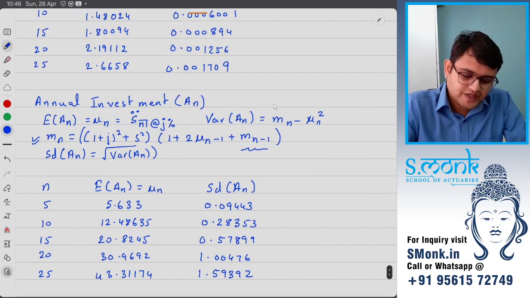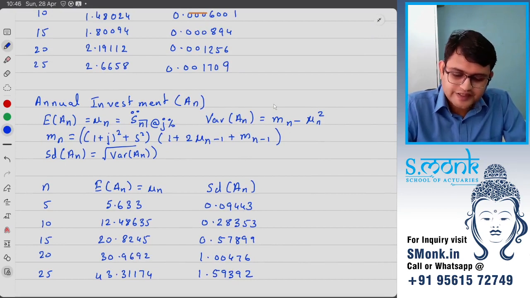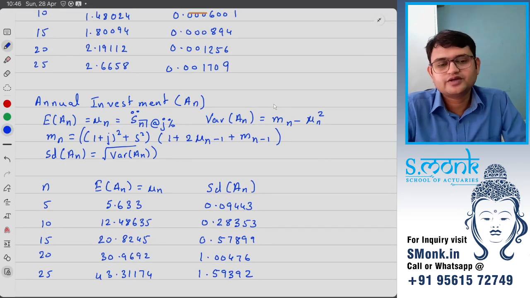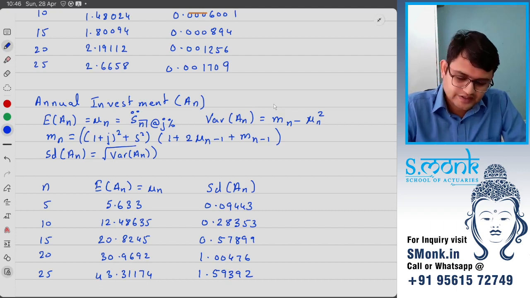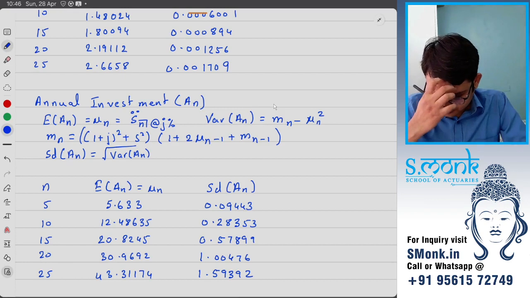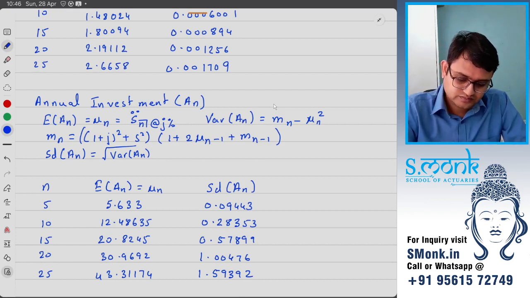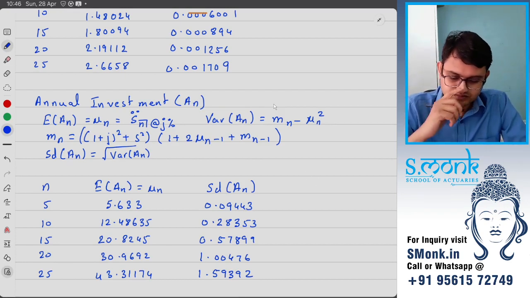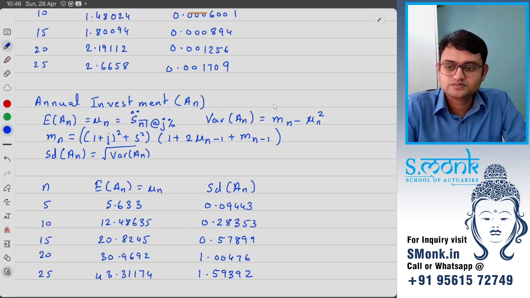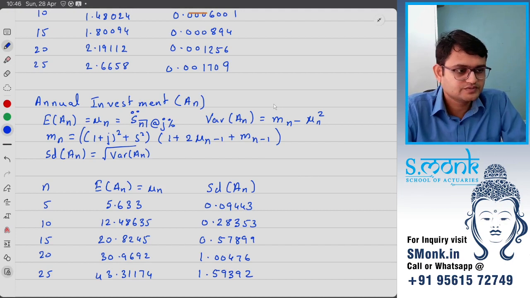So finding variance for annual investment is complicated, but using Excel it will become very easy. Okay, any problem here?